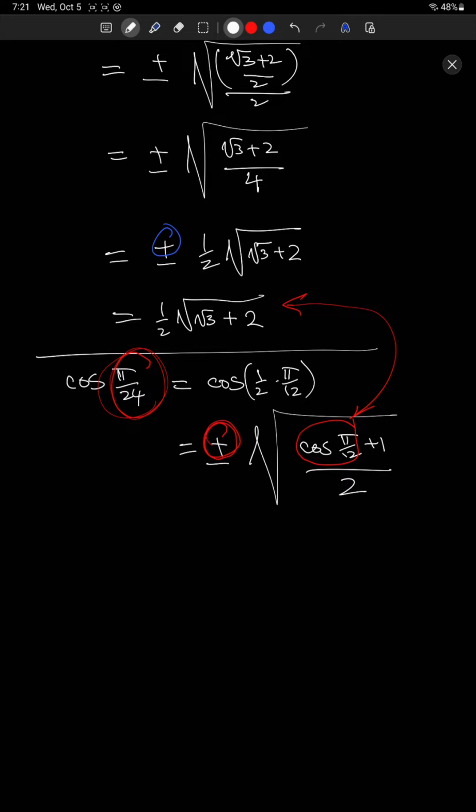So you'll find a few problems on the online homework where you need to use this identity, and just always be aware that it's plus or minus. Whether it should be plus or minus depends on whether cosine of that angle should be positive or negative, depending on where it is. And you can always tell that from the graph, right? Between 0 and pi over 2, cosine is positive.